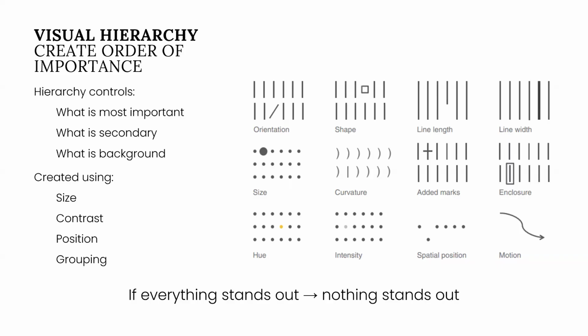Hierarchy is created through controlled variation. Larger elements signal greater importance. Stronger color contrast draws focus. Bolder intensity increases prominence. Spatial positioning implies priority. Grouping implies structure. De-emphasis pushes elements into the background.